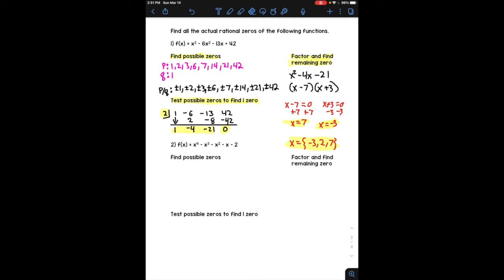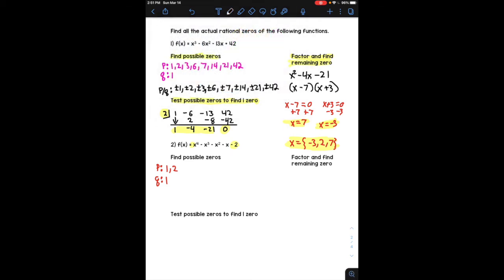Let's go on to find zeros for problem number 2, in which I'm first going to create a possible zeros list. Our p-values are the factors of our constant, which is -2, so that would be just 1 and 2. Q are the factors of our leading coefficient, in this case 1. This list of possible rational zeros is going to be pretty short.